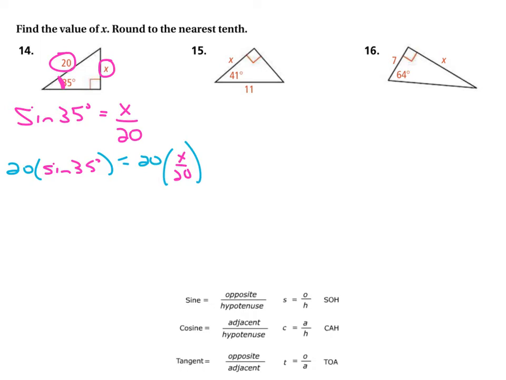And then what you'll see on the right-hand side is that the 20 cancels out, leaving you just with x, right? So you got x equals 20 times sine 35.